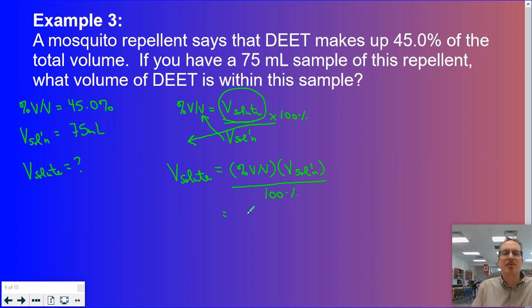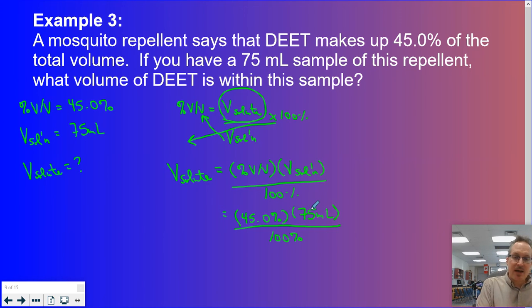So let's sub our numbers in. 45% times 75 milliliters divided by 100%. Now, I know I moved the formula around correctly because if you look, my percents are going to cancel. The only unit I have left is milliliters, which means my answer is going to come out in milliliters.